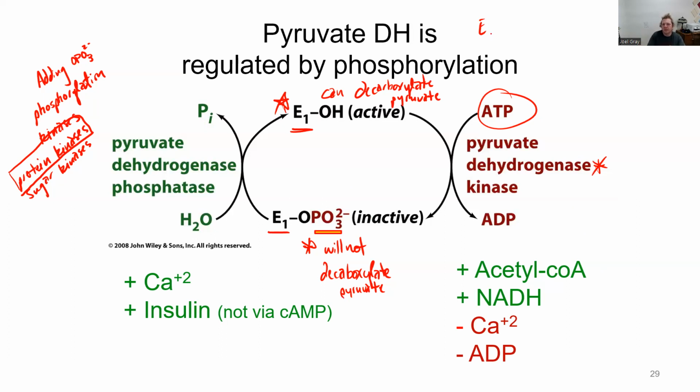So if I said E1 is phosphorylated, then chances are, when E1 is phosphorylated, you more than likely have a very low concentration of NADH. Now, it's possible that you have some NADH there, and you have an active form of the pyruvate dehydrogenase complex.